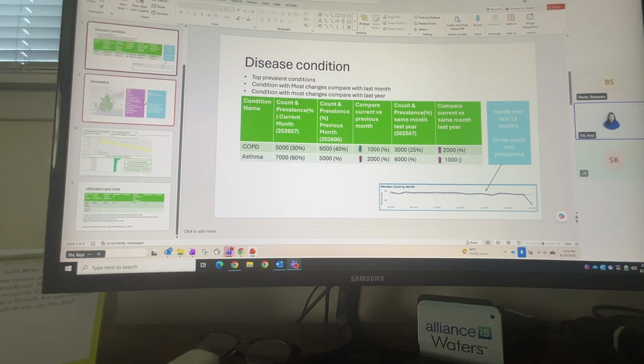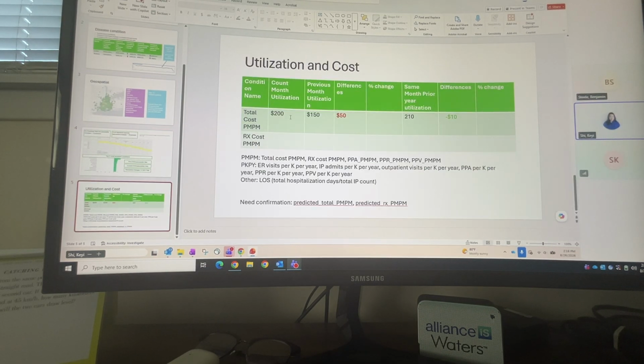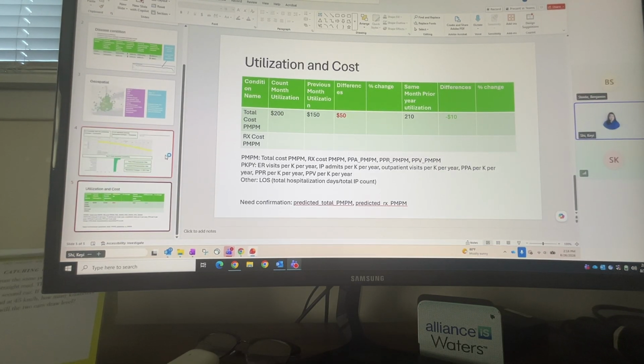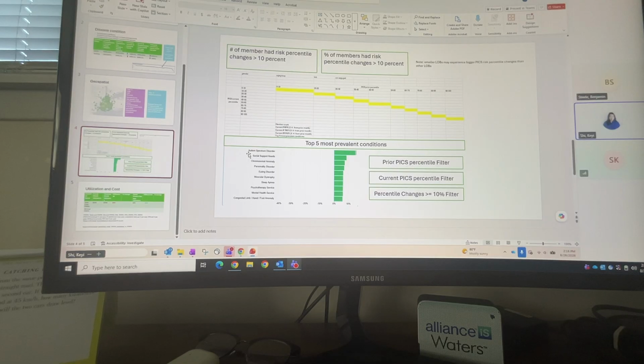So what we are building is actually helping them look into higher changes month to month or year to year. And this page would give them more information on what contributed to some of the changes.